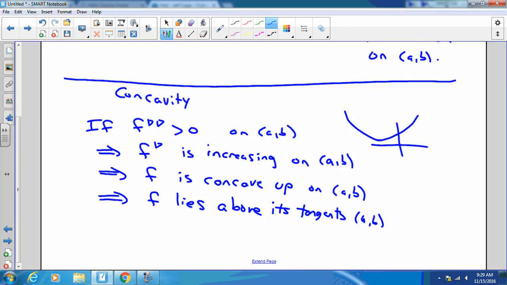The picture that you want to draw here is of a function that is either decreasing or increasing, but its derivative is increasing. Therefore, it lies above its tangent.